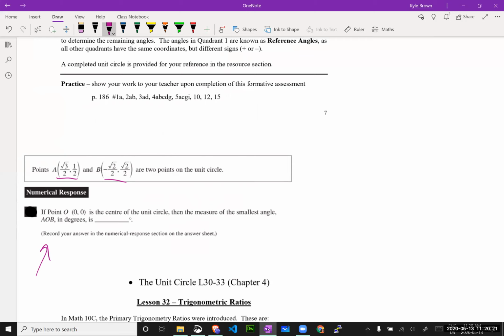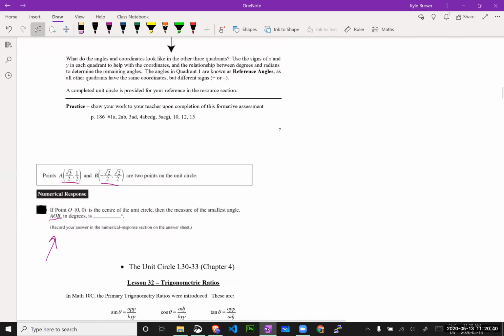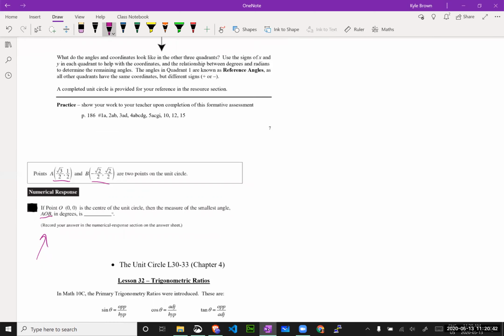It says if point O is (0, 0), so the origin, the center of the circle, then the measure of the smallest angle AOB, in degrees, is. All right, so what is that even talking about? So they're saying that we have a unit circle. Okay, so we have a unit circle.